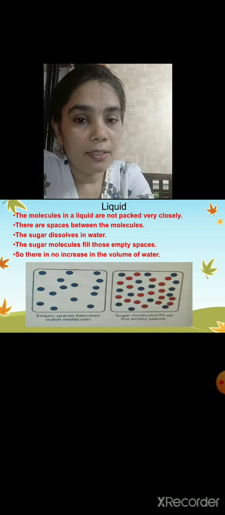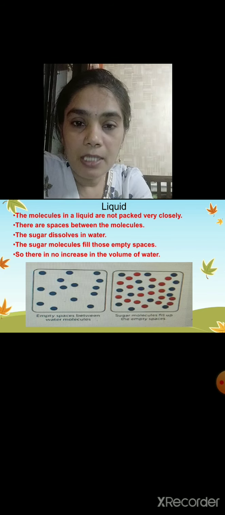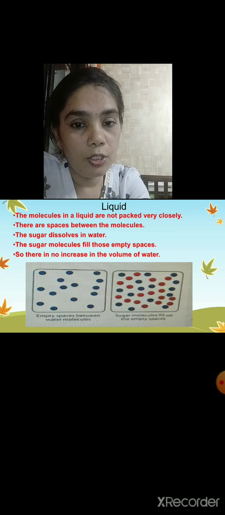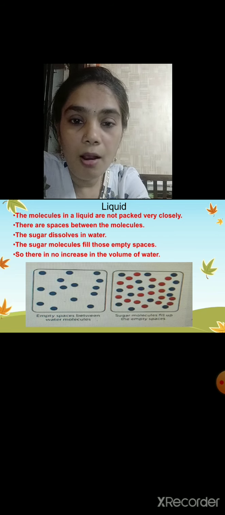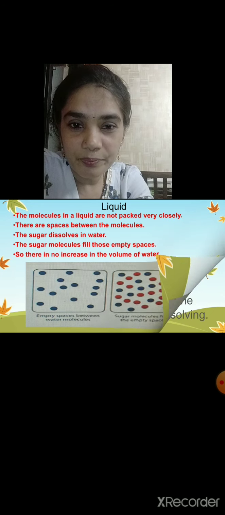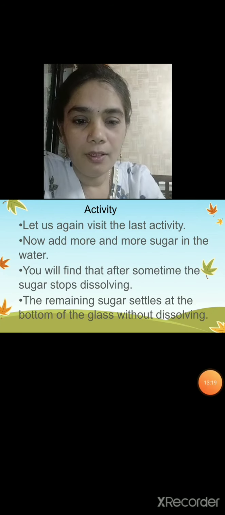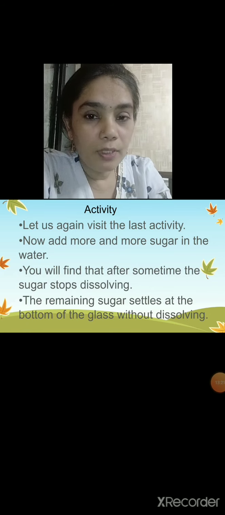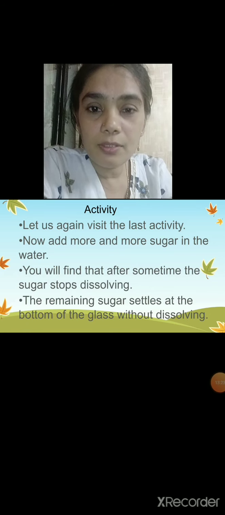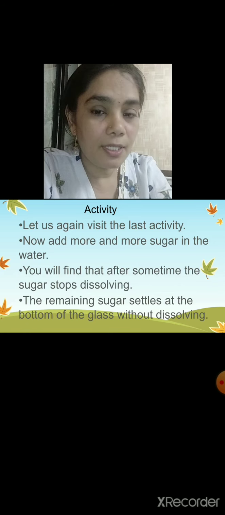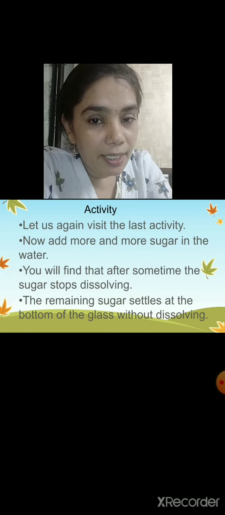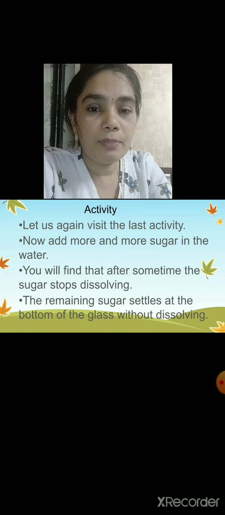So you can try this experiment at home also with the help of your parents. And now the sugar completely dissolves in water after some time. Now let us continue this experiment.